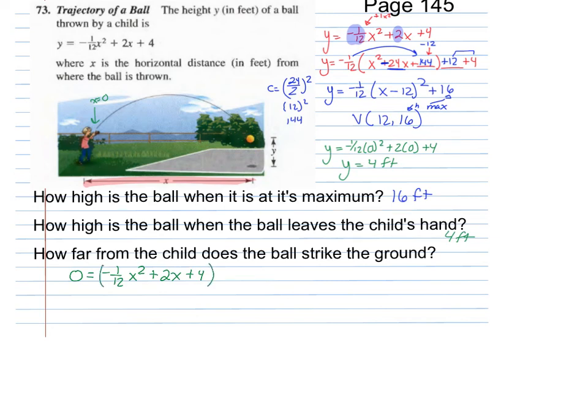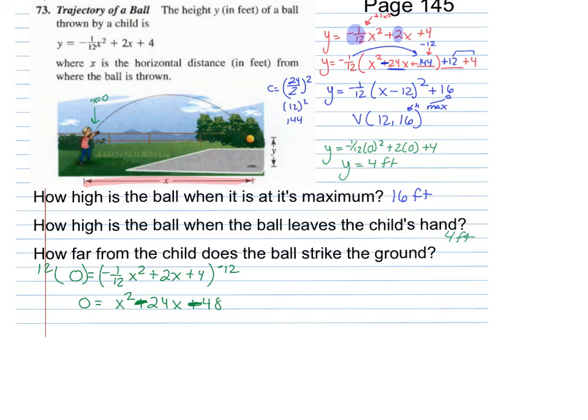So I'm going to multiply both sides by 12, and this is something we do in Math 1 to get rid of the fractions. So now our equation is going to be 0 is equal to x squared plus 24x plus 48. And I might have written something wrong. Oh, I'm going to multiply by negative 12, sorry, because I want to get rid of it. So it should have been a negative 24 and a negative 48. I apologize.